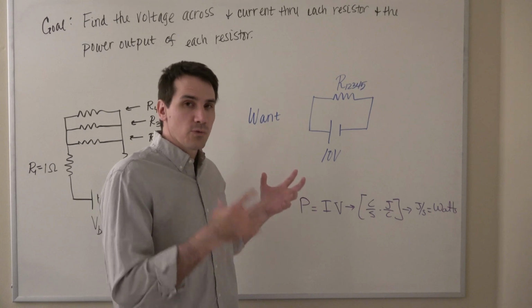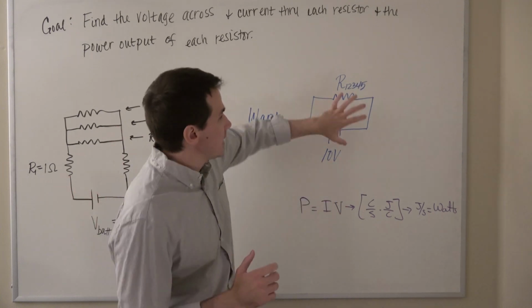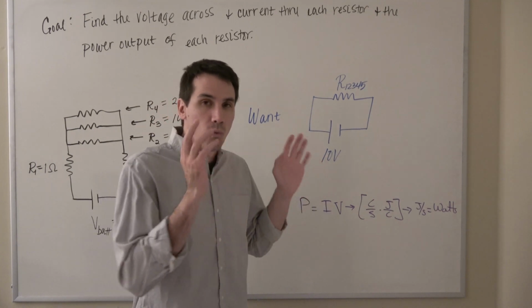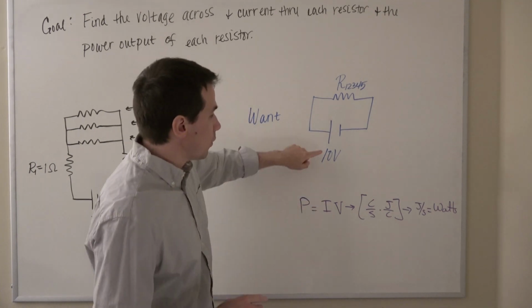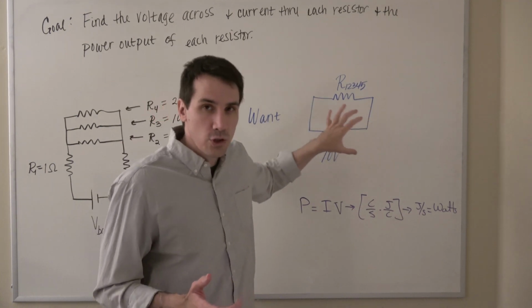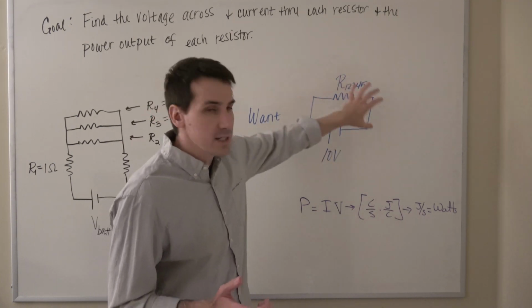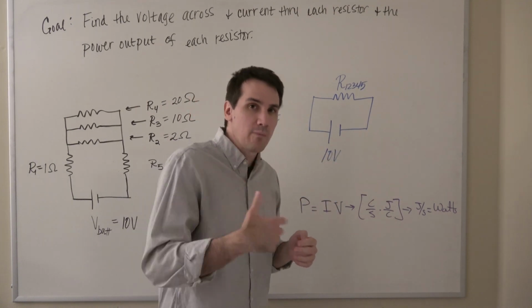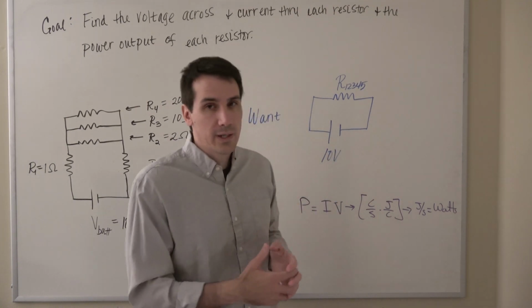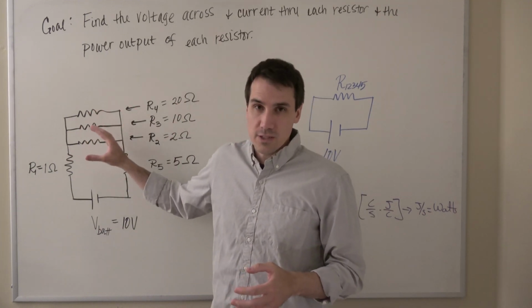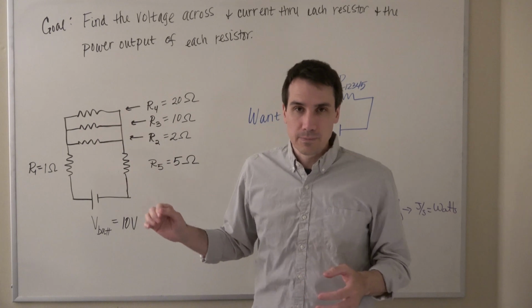So our goal is to write this complex circuit as a simple circuit with one battery and one resistor. Once we are at this point, we'll know a voltage and an equivalent resistance, which means that we can find the current through this resistor. And once we do that, we're going to be able to build our way back up using that known current to find the current and voltage for each of these resistors, along with the power.